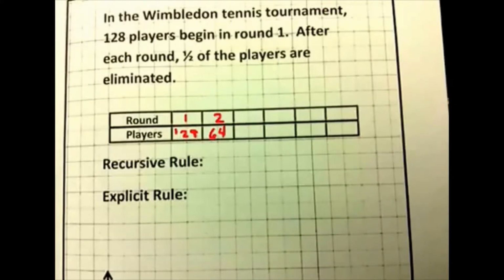Round 3, half of 64 is 32. Round 4, half of 32 is 16. Round 5, half of 16 is 8. And then we're going to leave the last one, n, and a sub n. To remember that n represents the round number, and a sub n represents the number of players in that round.